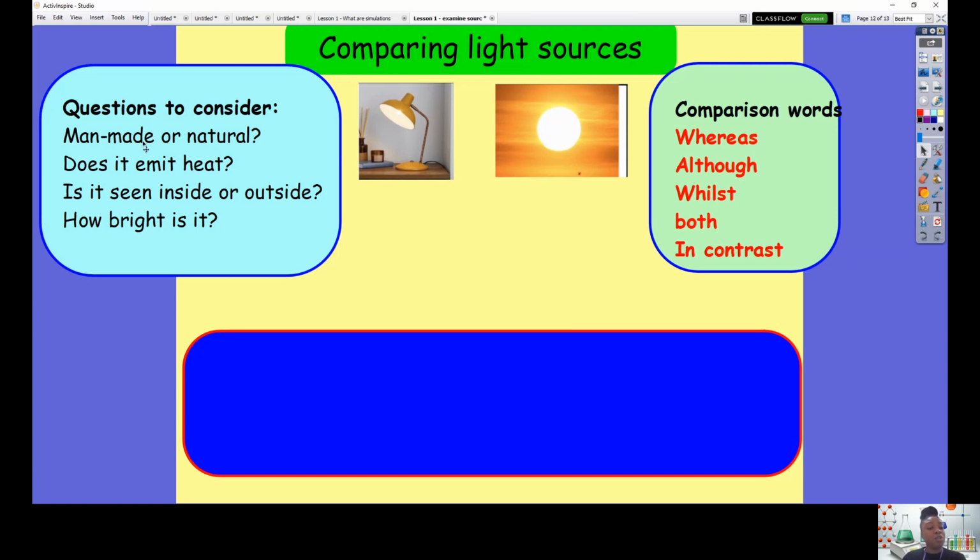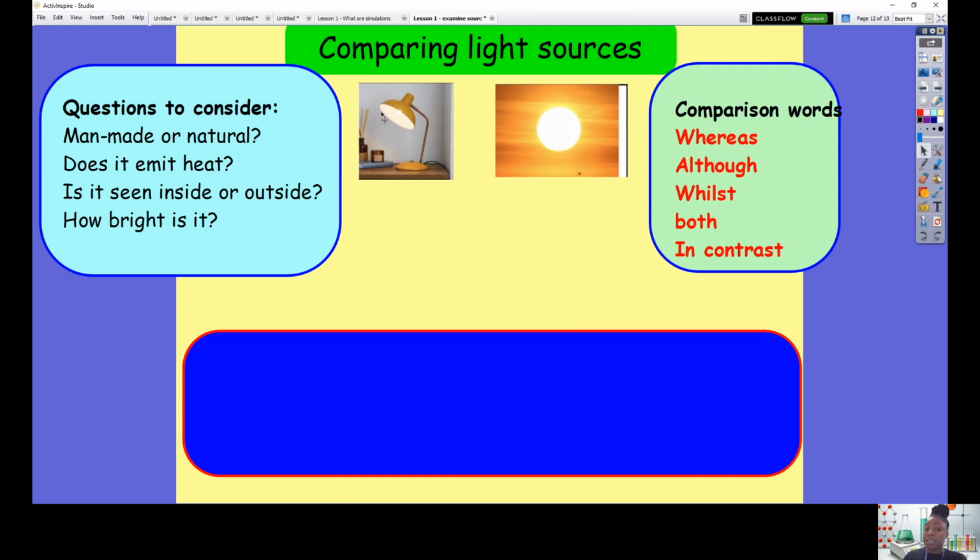Here are some questions that you can consider when comparing these two light sources. Are the light sources man-made or natural? Well, I could say the lamp is man-made, but the sun is a naturally occurring light source. Does it emit heat? They both emit heat. Is it seen inside or outside?